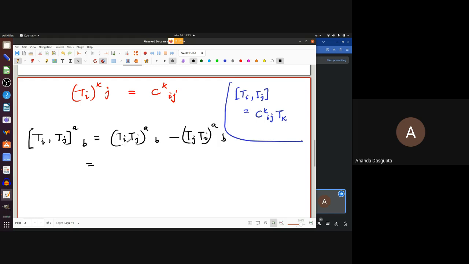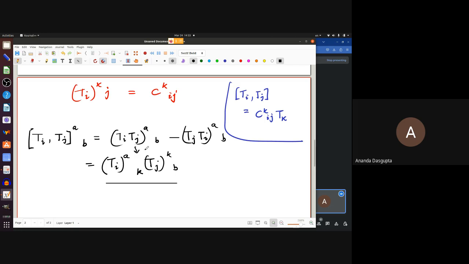And what is the ABth matrix element of the product TiTj? Tell me. First of all, just thinking of Ti and Tj's individual elements, it's going to be TiAK, TjKB. Is that okay?